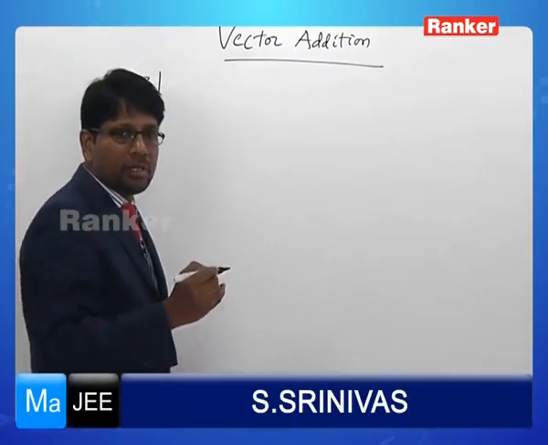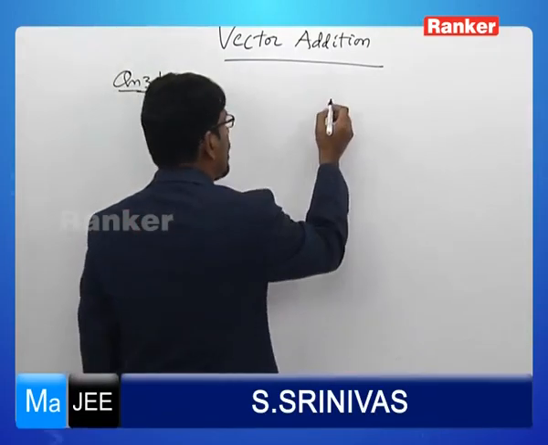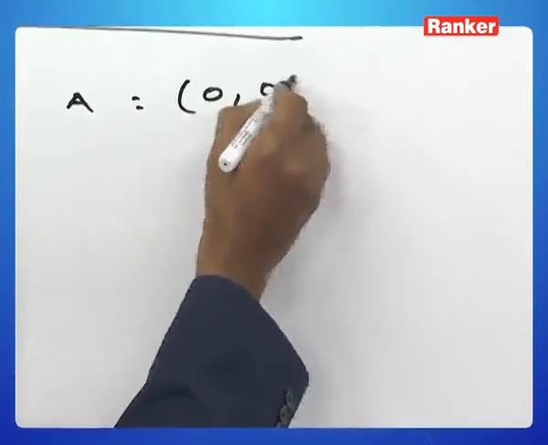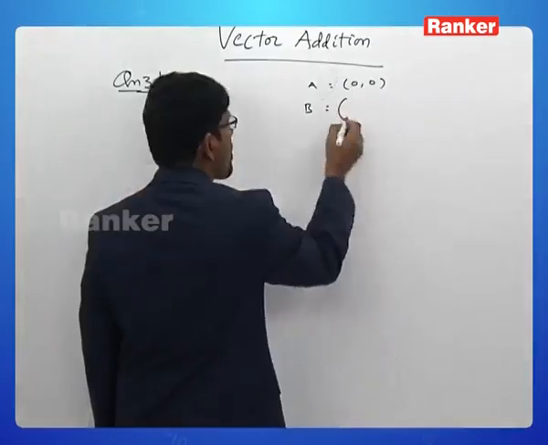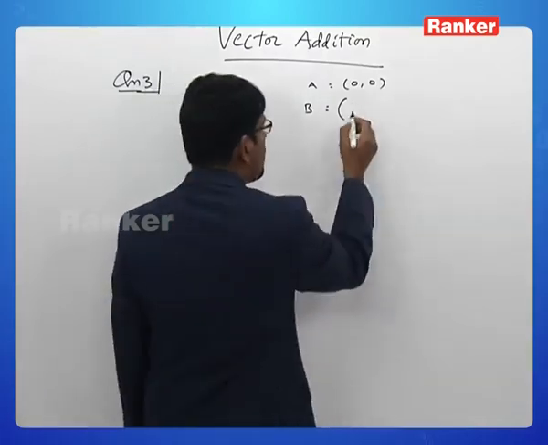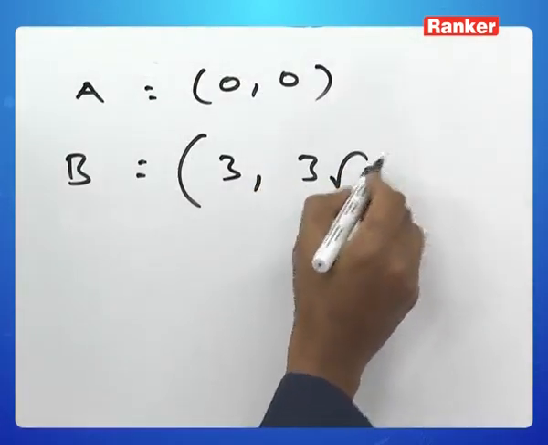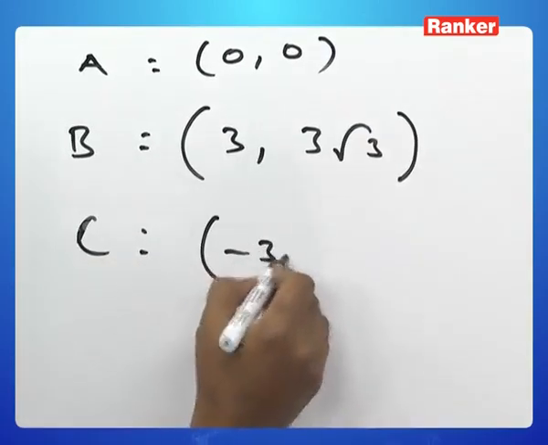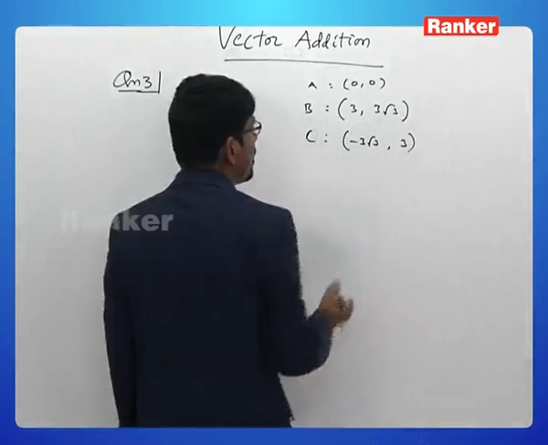We observe that A is origin, B is (3, 3 root 3), and C is (minus 3 root 3, 3).